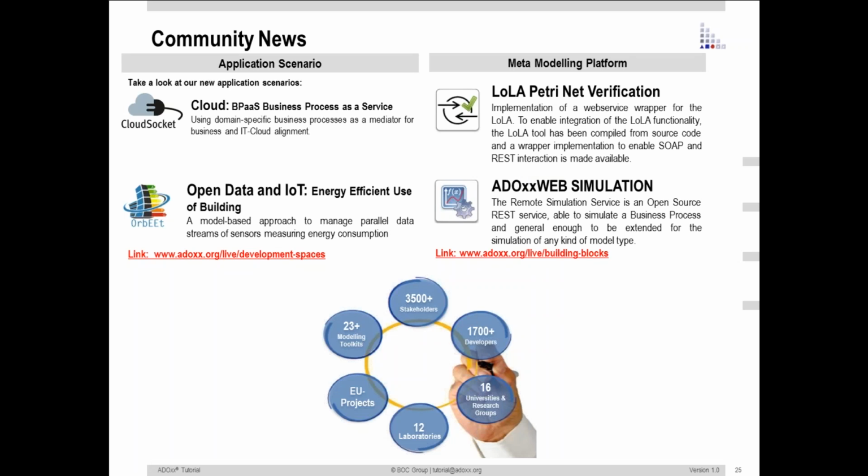So there are some new application scenarios, for example, for the cloud and for open data and IoT, which you can take a look at in the ADOxx.org development spaces on this link. There are also some new news for the Metamodelling platform, like the Lola Petrinet verification and the ADOxx simulation, which you can also take a look at under ADOxx.org building blocks.